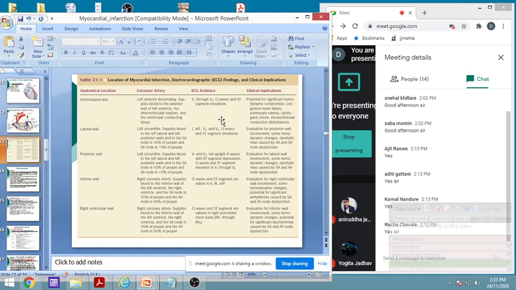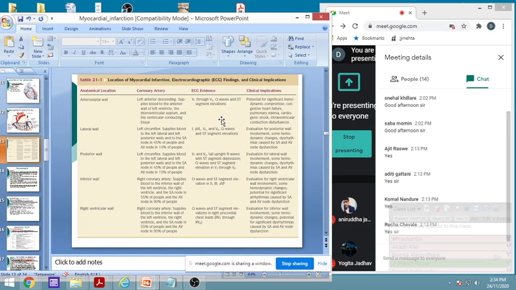Then the posterior wall. It is because of the left circumflex artery, where there is a block or a problem. It supplies blood to the left lateral and left posterior walls, and in some 45% of people it supplies blood to the SA node, and around 10% to the AV node.